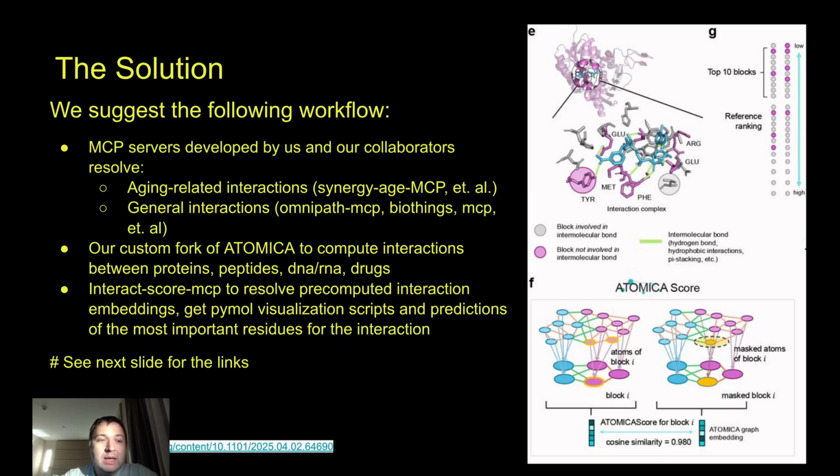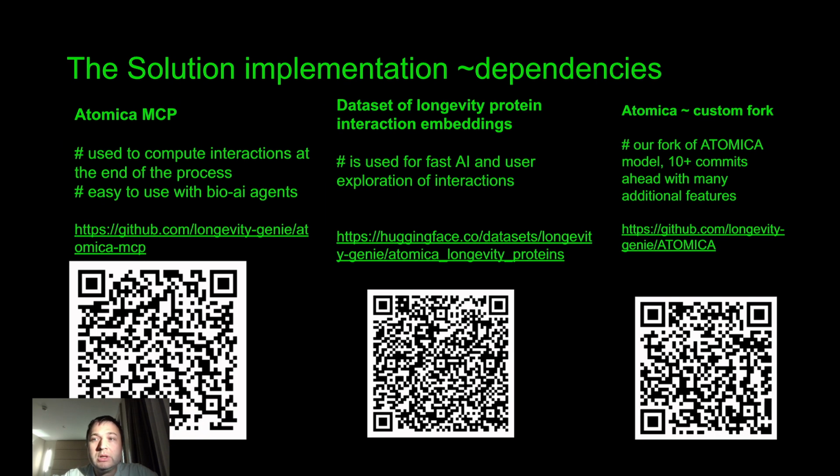However, we are also using the Atomica graph neural network model to efficiently and quickly characterize the interactions between the proteins and score them. For this hackathon, we released a custom fork of the Atomica model.